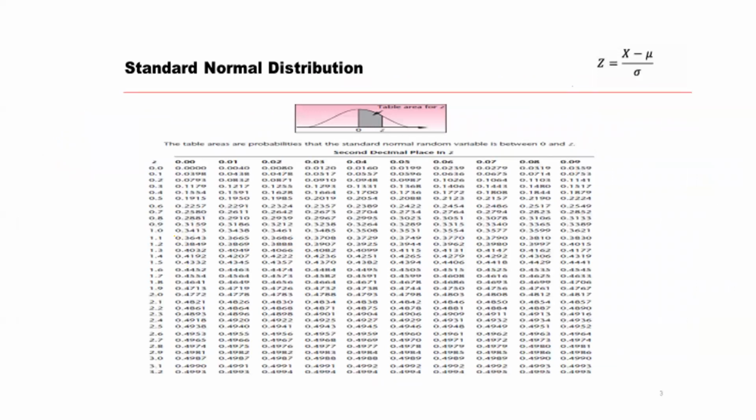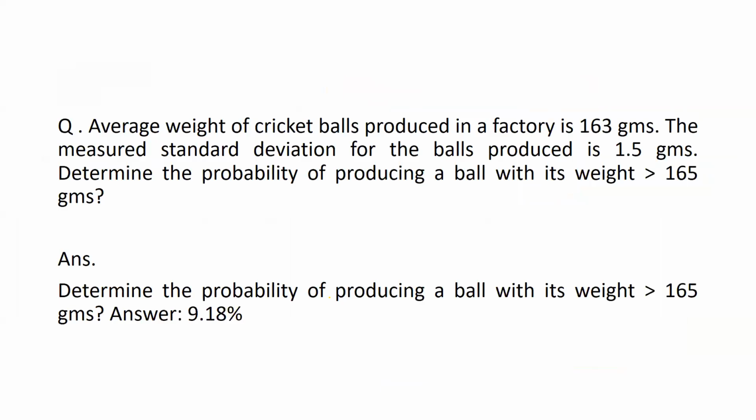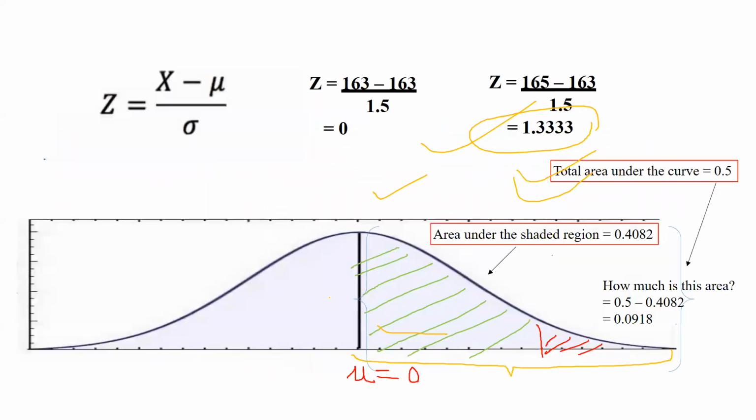This is my table. You can see here 1.3, the 1.3 row. How do we check, where do we have to look, how will we reach it? What is 1.33? We check 1.3 at the 0.03 decimal place.